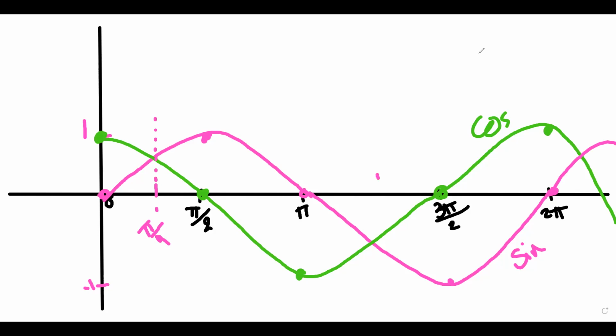And here, let's call it in radians, which is 180 plus 45, which is 5 pi over 4. These are the points where their cosine and sine are equal.